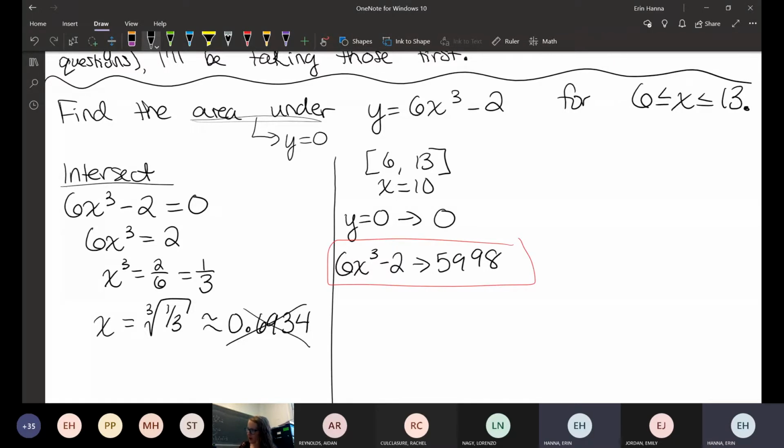5,998. If you were to do this graphically, 6x cubed minus 2 looks like this, very badly, where this would be the 0.69. So if we went all the way over to 6 to 13, all the way out here, that's just going to keep going upwards forever.